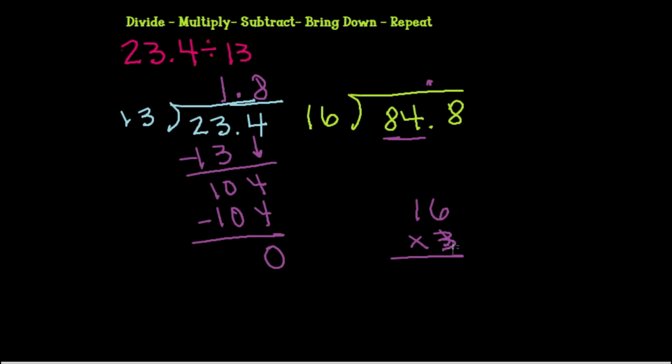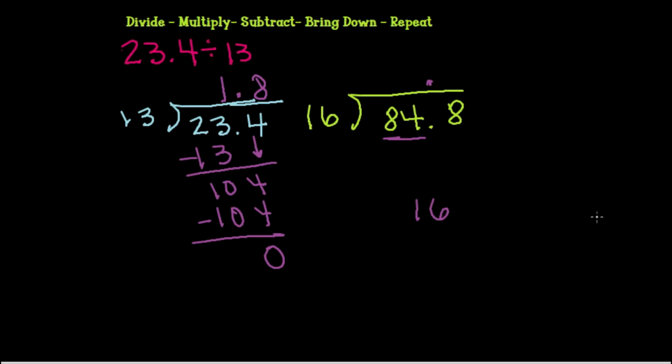So 3 times 6 is 18. I'll write 8 and carry 1. And then 3 times 1 is 3, plus 1 that I'm carrying is 4. So that's 48, which is not close to 84.